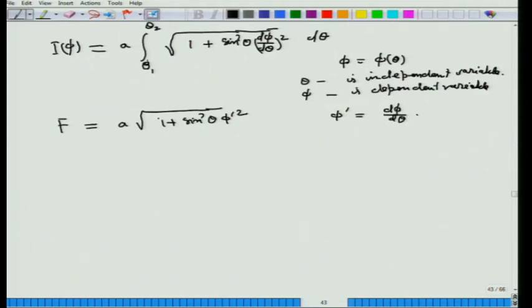So, here this is a function of theta and phi prime. Phi does not appear explicitly.